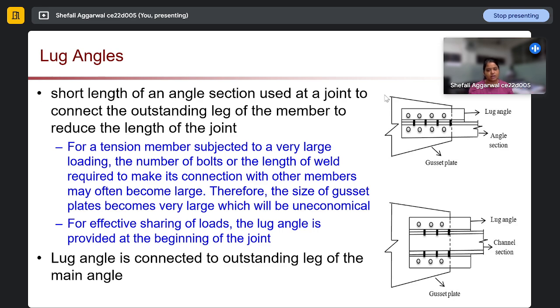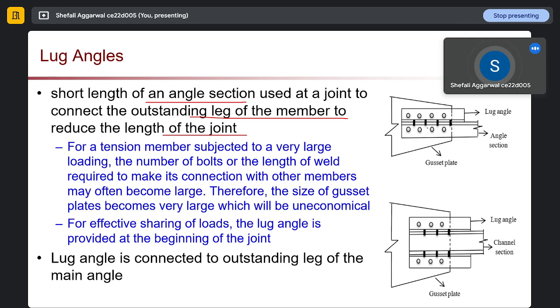Next are the lug angles. What are lug angles? These are short lengths of angle section used at the joint to connect the outstanding leg of the member to reduce the length of the joint. If you see here, this is the gusset plate, and this is our angle section which is being joined to the gusset plate.